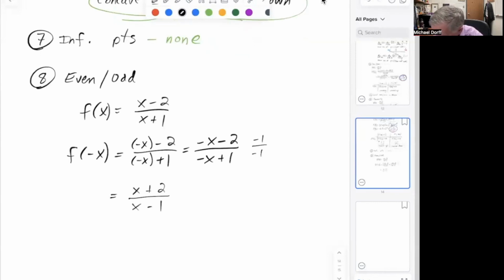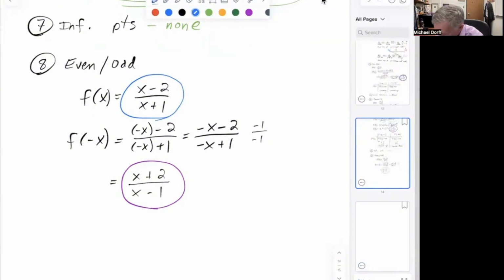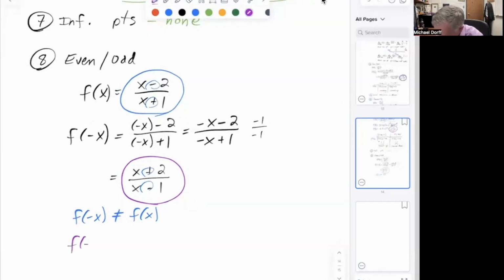And how does this compare to my original function? Is it the same? Well, no. So f of negative x does not equal the original function because the signs here are different. How about, does f of negative x equal negative f of x? If I multiply by a negative in there, does it get the same thing?